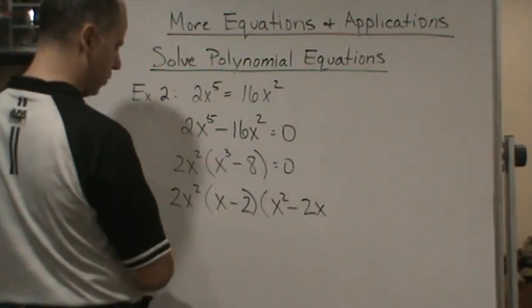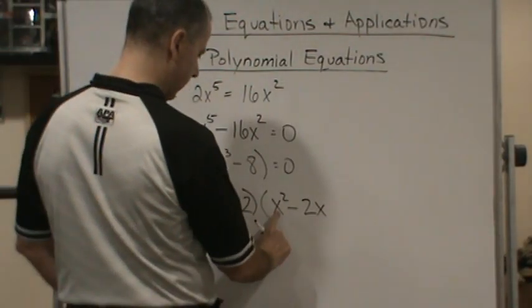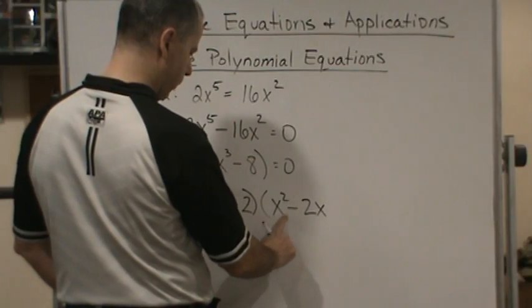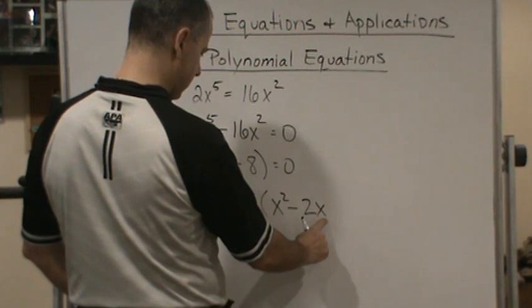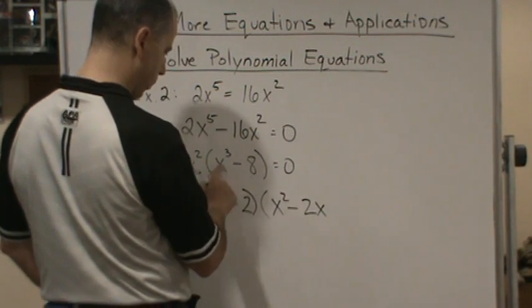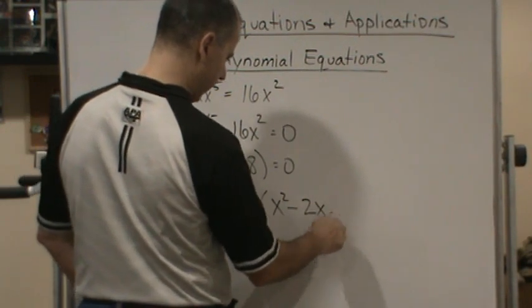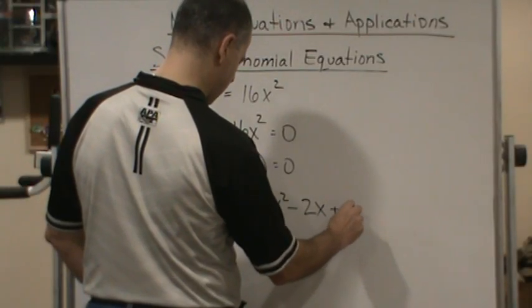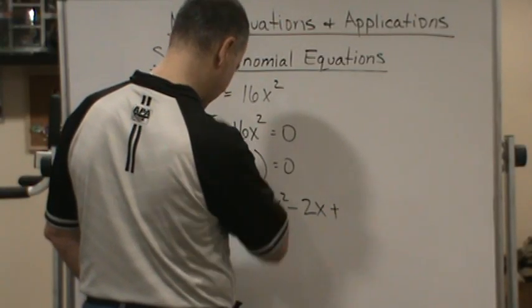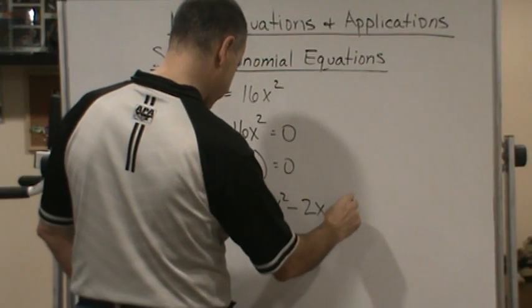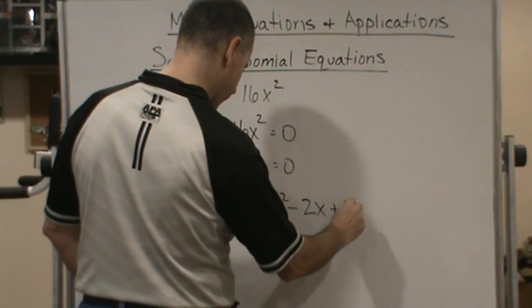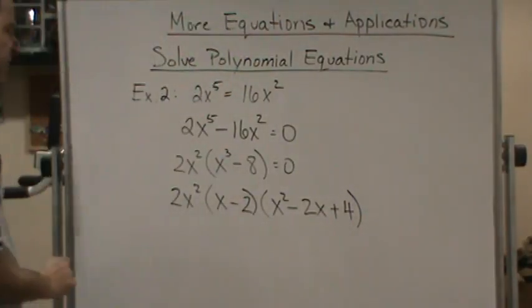So x minus 2, and then it's going to be x squared minus a b x, right? So it's just 1 times 2. So, and then plus 4.